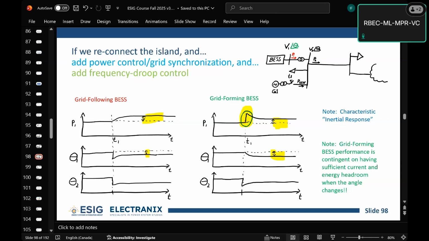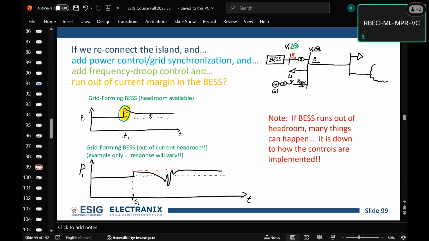So there are different ways of limiting current in grid forming controllers. We don't have time in this course to cover it, but there are a number of methods we can use to limit current. That's a research topic a lot of people are working on, and it turns out to be a pretty important one for challenging systems.